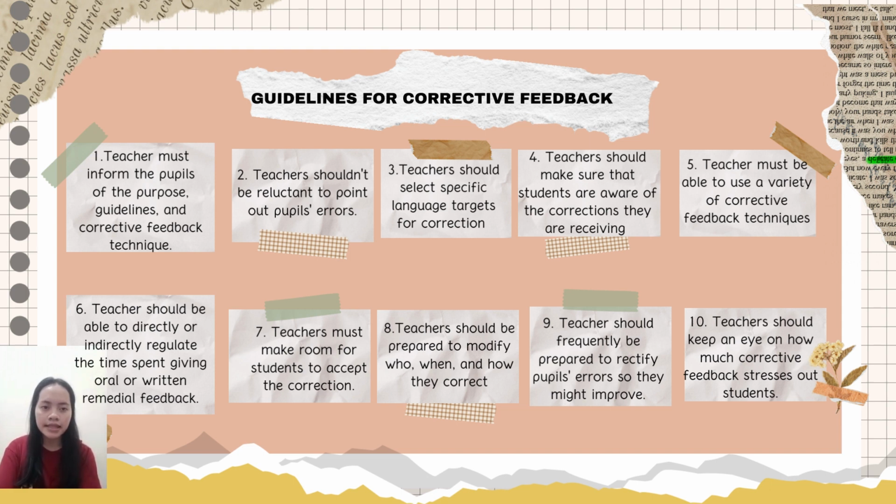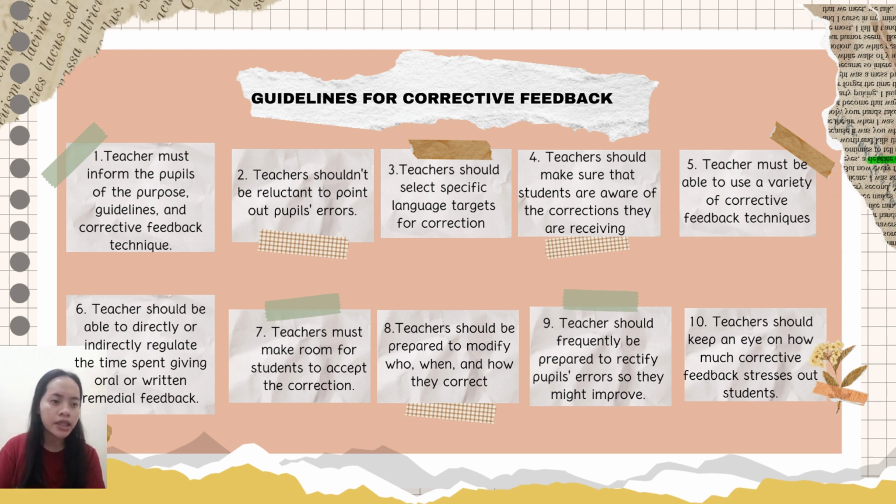Number five, teacher must be able to use a variety of corrective feedback techniques. Number six, teachers should be able to directly or indirectly regulate the time spent giving oral or written remedial feedback. Number seven, teacher must make room for students to accept the correction. Number eight, teachers should be prepared to modify who, when, and how they correct.